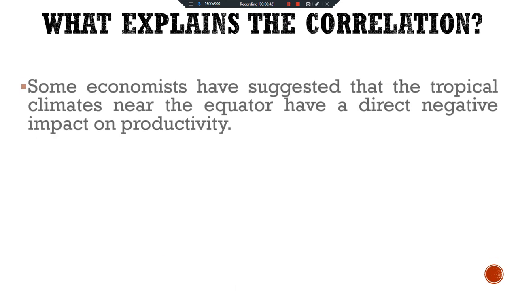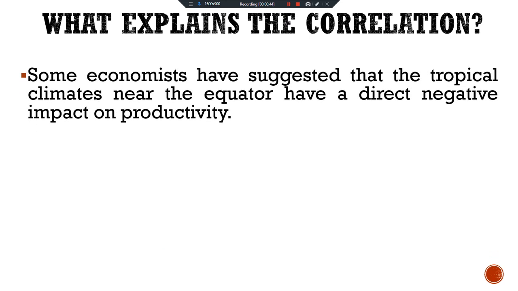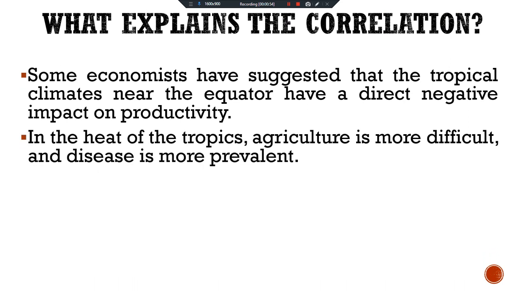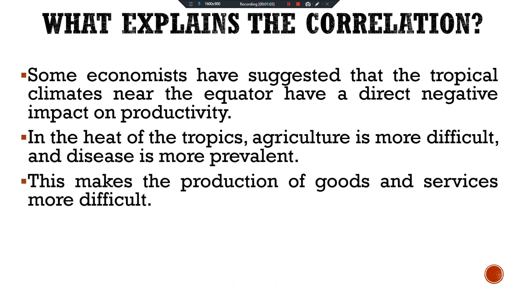Some economists have suggested that the tropical climates near the equator have a direct negative impact on productivity. In the heat of the tropics, agriculture is more difficult and disease is more prevalent. This makes the production of goods and services more difficult.